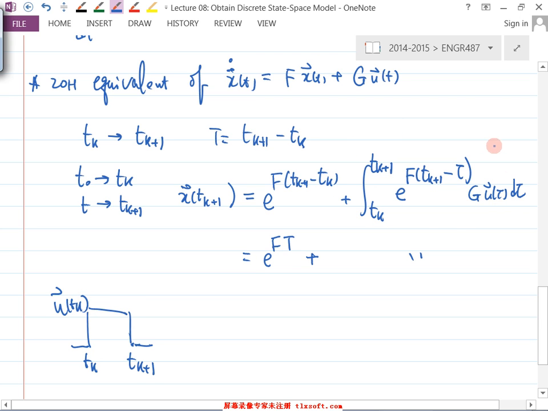Because this is a zero-order hold equivalent, within this integral the u of tau, you can replace with u of tk. Oh, sorry, did I miss one term here? X of tk.